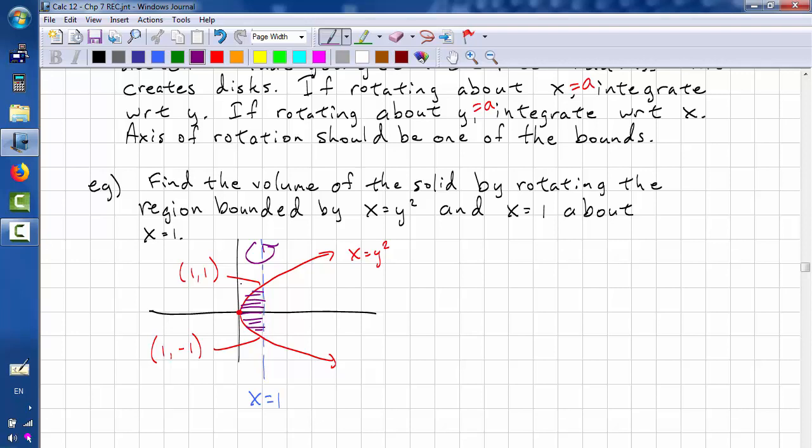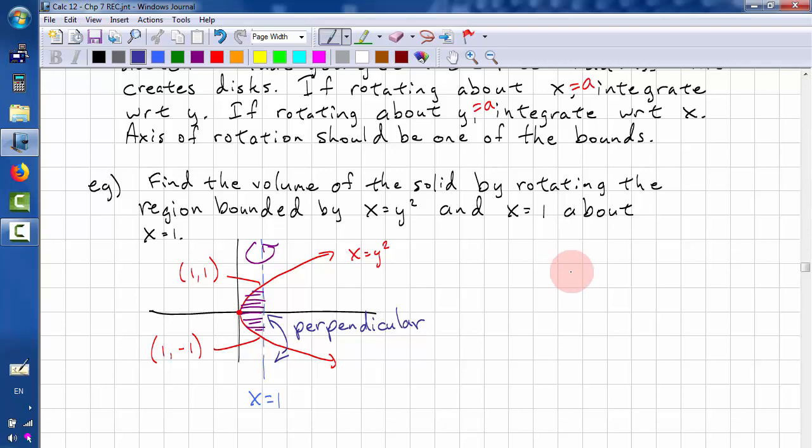We want to note that our slices are perpendicular to the axis of rotation. If we integrate with the lines running this way, then they're not perpendicular and we don't really have discs.